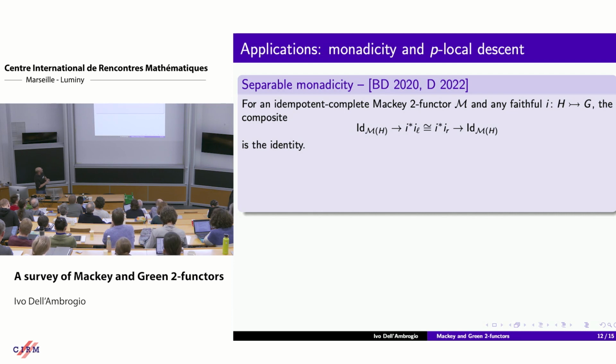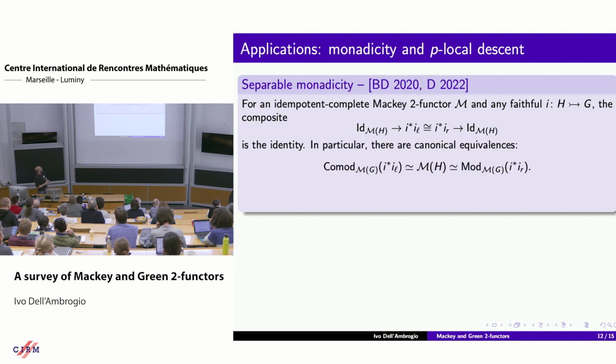Then you have theta, and then you have the unit of the right adjoint, and that's going to be the identity. So in particular, for example, the right adjunction here for I gives you a monad which is separable, and so the adjunction is monadic. And the comonad on the left is comonadic, or whatever the terminology is.